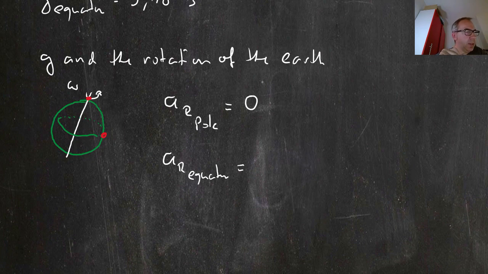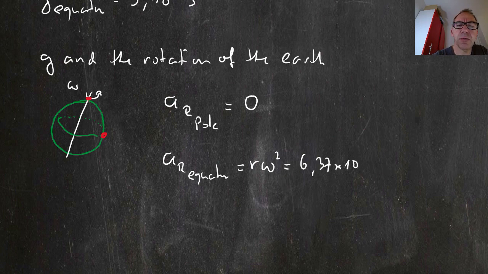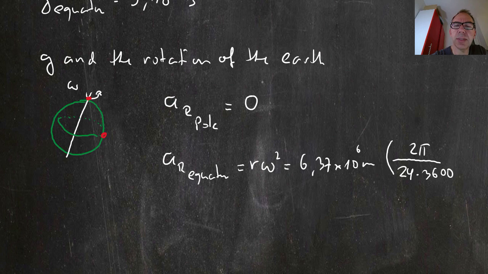We know it is just r times omega squared, and we can have a look at that. r is 6.37 times 10 to the power of 6 meters, and for the rotation we take one turn, 2 pi, within 24 hours times 3600 seconds, to the power of 2.